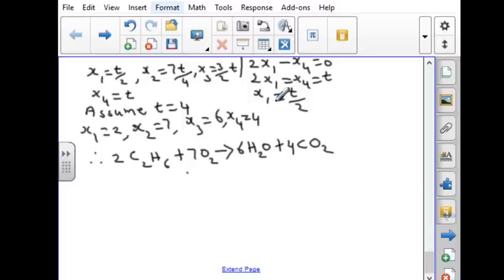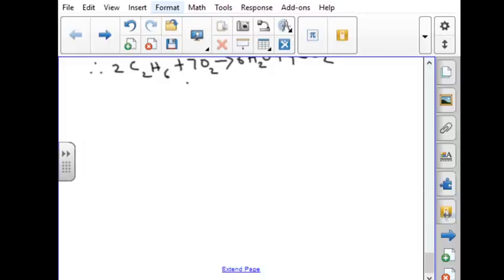So here the values of x1, x2, x3, x4 are not unique. We can have different solutions also. Okay, now coming to examples.